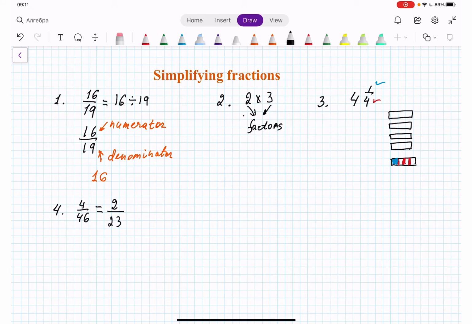So you have to check and see which number you can choose that the numerator and denominator can both be divided by. Let me do another one, to make it more understandable. 15 and 51.